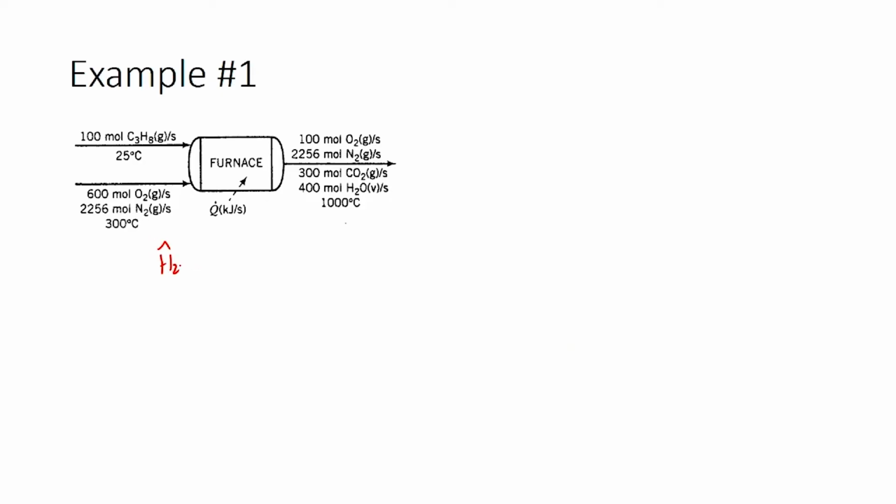So, what is H2 cap? It is oxygen which is in the reference state of 25 degrees Celsius being heated to the inlet condition which is 300 degrees Celsius. So, H2 cap is basically oxygen at 25 degrees Celsius going to oxygen at 300 degrees Celsius.